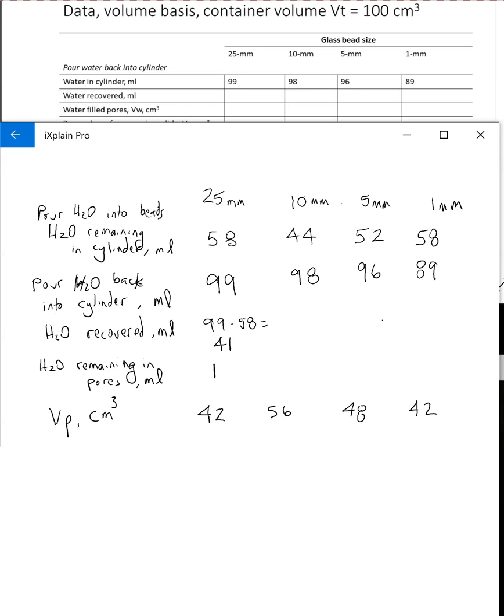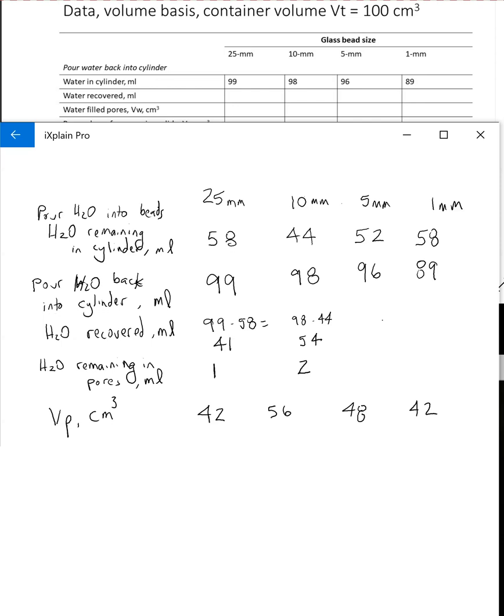You do the same process with the others. I'm going to do the 10 millimeter and allow you to do the other two on your own. In this case, 98 minus 44. If we do 98 minus 44, what do we get? We get 54. So we recovered 54. That means, in this case, we have 2 milliliters or cubic centimeters that are left in the pores.